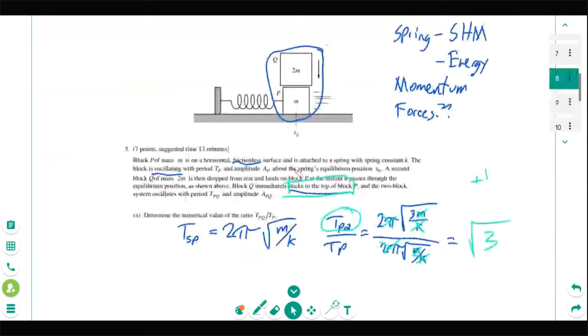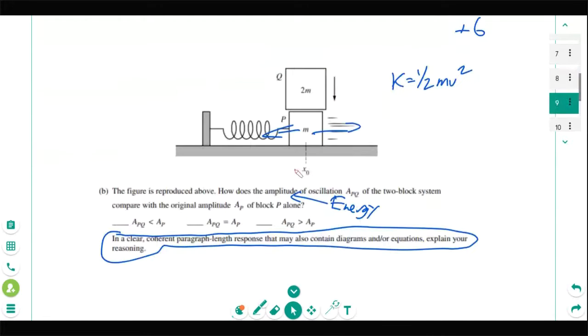Going back here, the blocks, again, stick to each other. And if they stick to each other, that's an inelastic collision by definition.